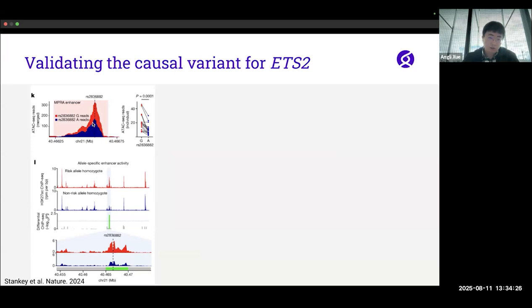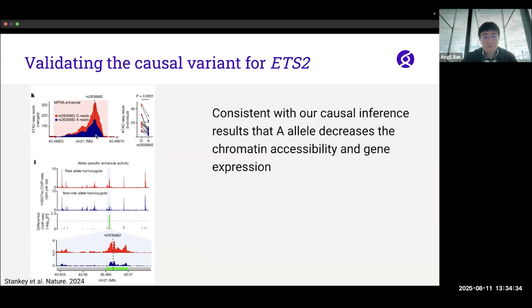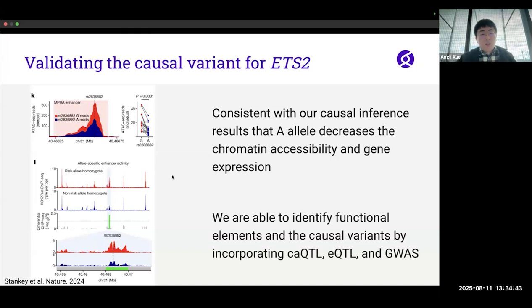The A allele corresponds to lower accessibility in this enhancer region. And they have done a really rigorous statistical test to verify this. And this effect is specific to monocytes. So by looking at this example, I hope I convinced you that we're able to identify functional elements and causal variants by incorporating the caQTL, eQTL, and GWAS signals.